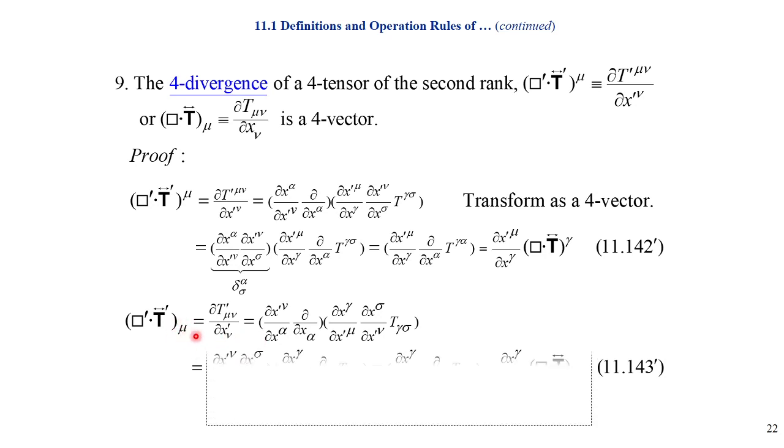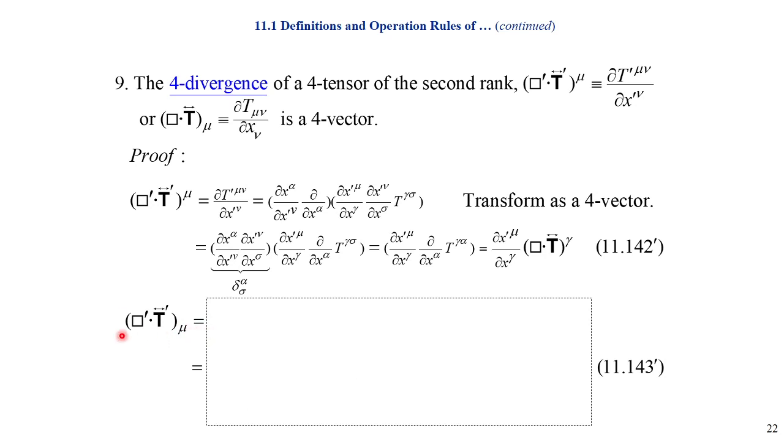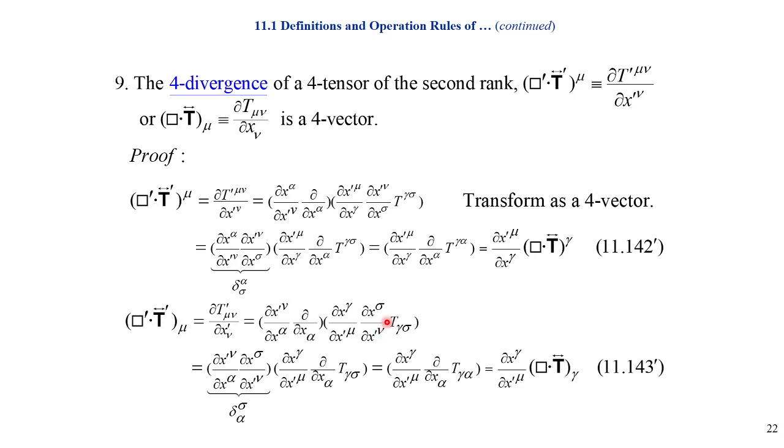Just cover your textbook like this and try to derive all the equations by yourself. T'^{μν}, x^μ, x^ν. Practice makes excellent. You need to practice, practice, and practice. Okay, so eventually you got the same notation, a different notation. That's covariant, contravariant, that's covariant, covariant.